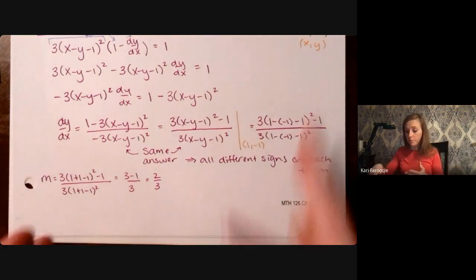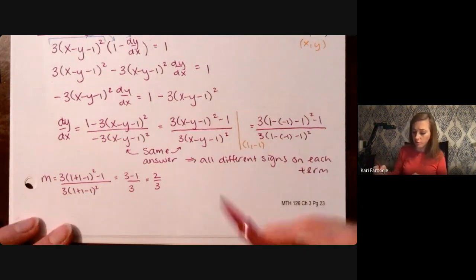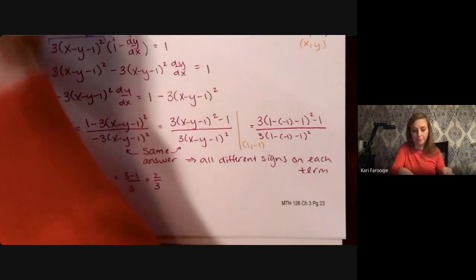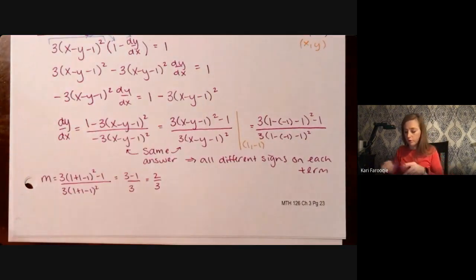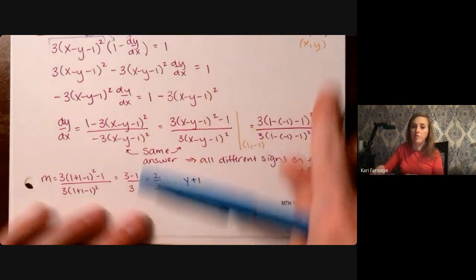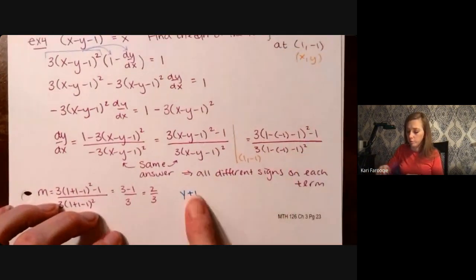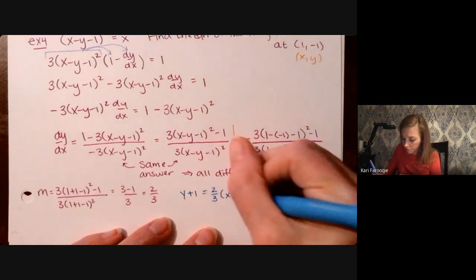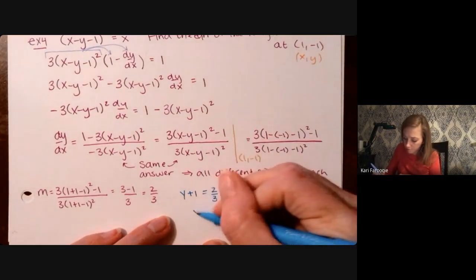We know that our point is at 1, -1. So we'll use point slope form. So we have y minus y sub 1. Well, y sub 1 is -1. So we have y plus 1 equals m times x minus x sub 1.